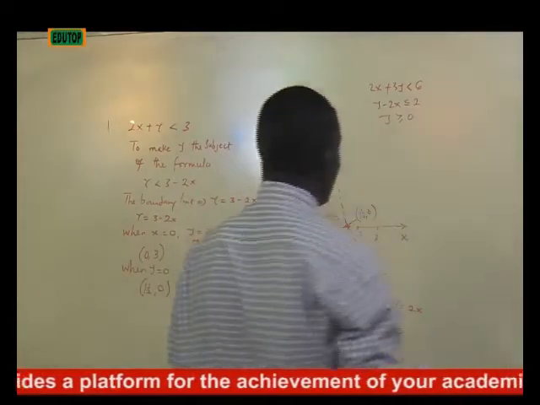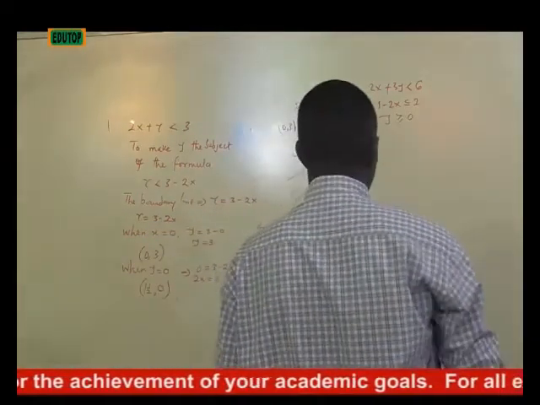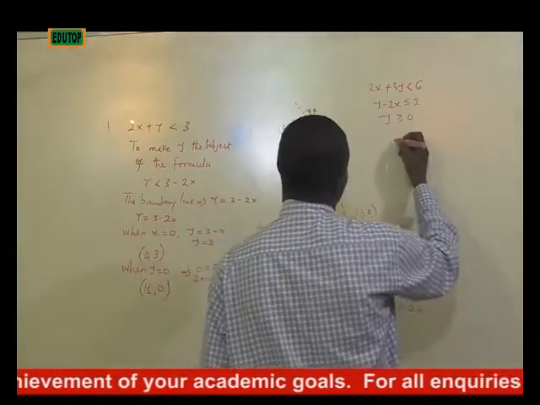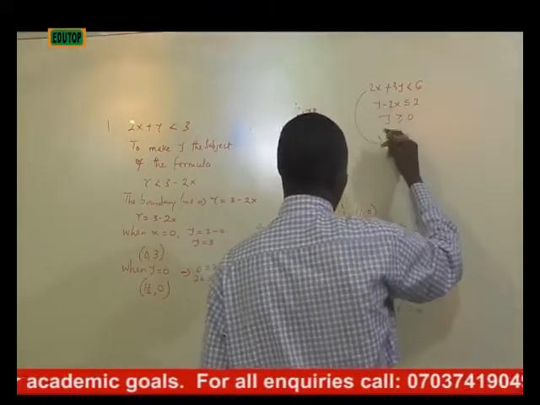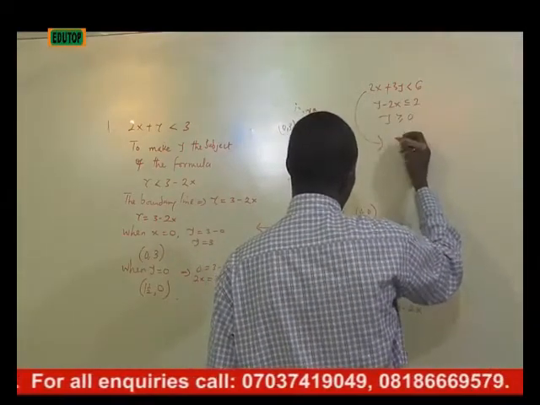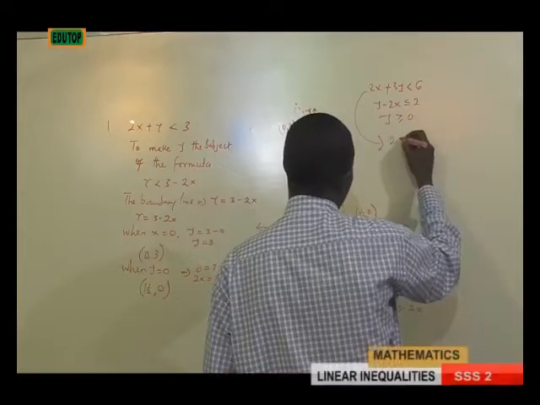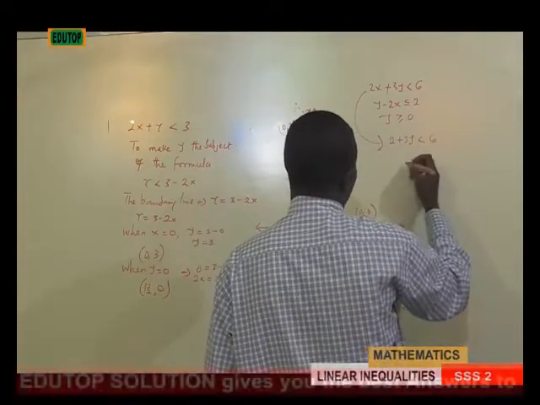Now, the first thing we have to do is to consider our coordinates. But before we consider our coordinates, we have to make y the subject of the formula. So we have 2x plus 3y is less than 6.